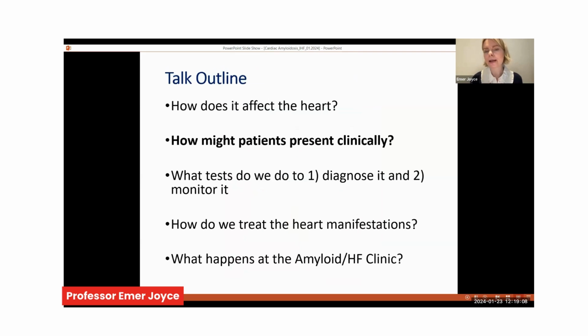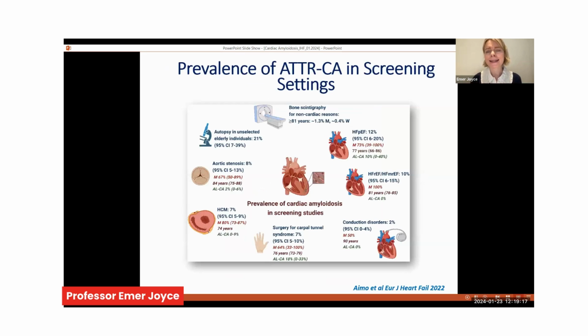So how might you end up coming into the clinic, or what might your GP see, or how might it be suspected in the first place? Still, the most common way is that it's not suspected in the first place, in that the amyloid, as I said, often hides in plain sight, because heart failure is common, atrial fibrillation is common, peripheral neuropathy and nerve problems are common, and nothing is too unusual.